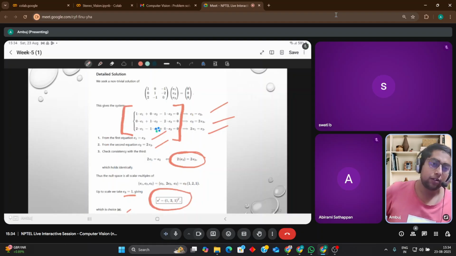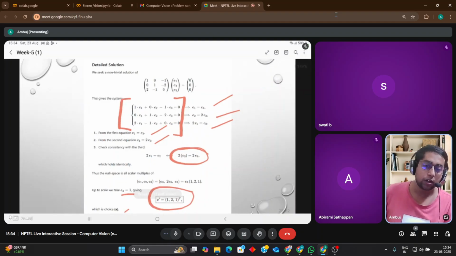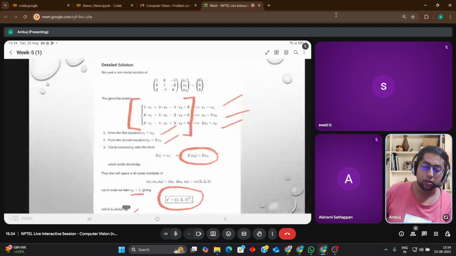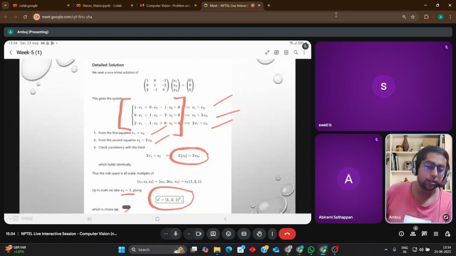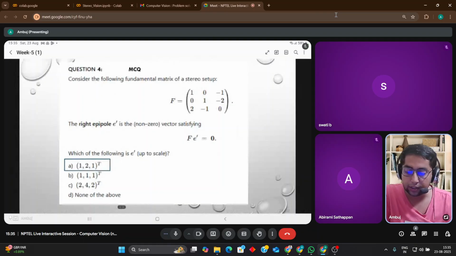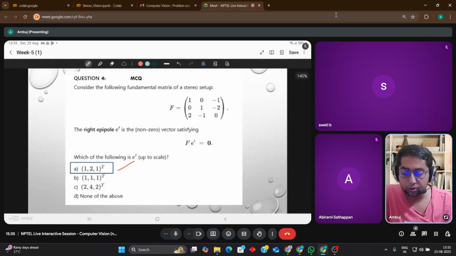In this type of question, particularly in the GATE examination, if a question from computer vision comes, then from all the options there is a particular trick. After calculating all the equations, you don't have to substitute any value as 1 or 2 or 3, you just have to match the ratios. From the first equation itself, E1 should be equal to E3, which is possible in option number 1, option number 2, as well as option number 3.